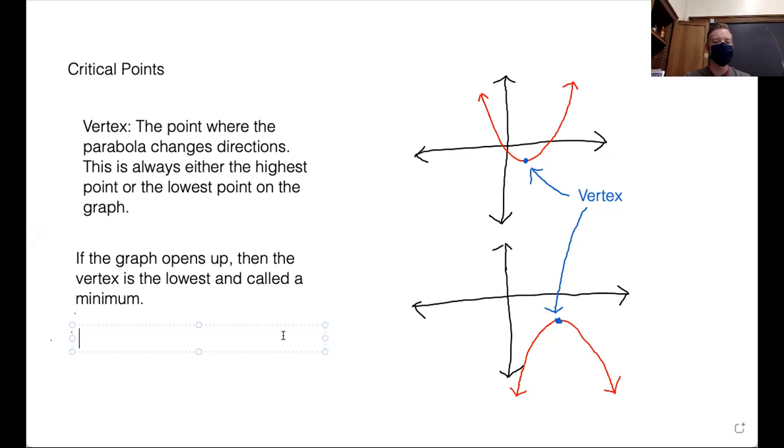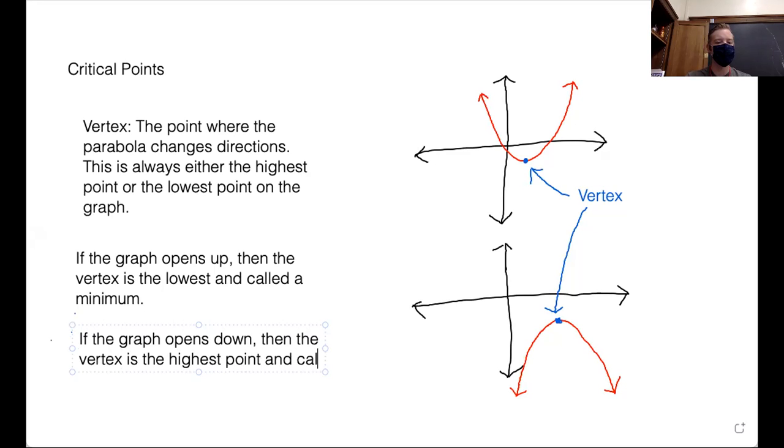If the graph opens the other direction, if the graph opens down, then the vertex is the highest point and called a maximum. Maximum meaning the largest possible value.